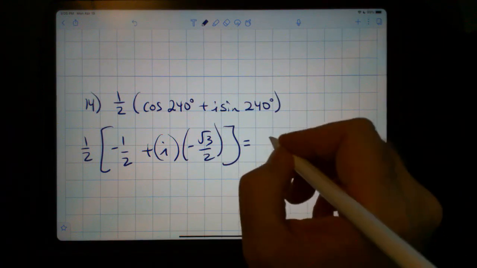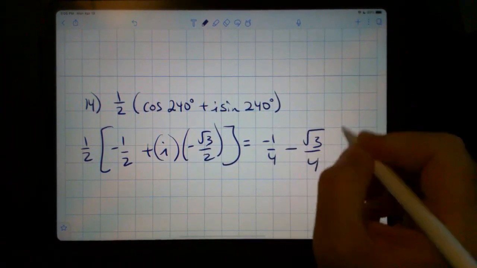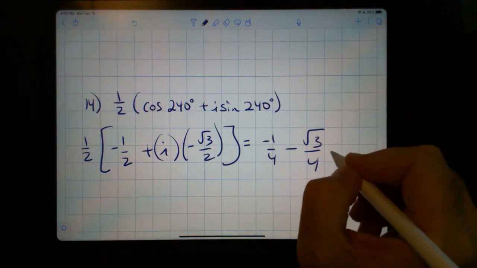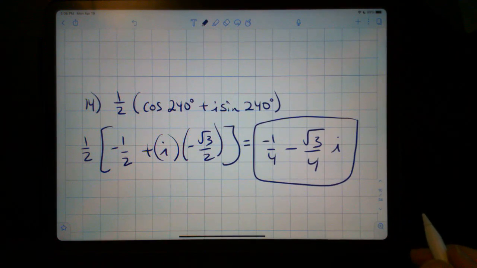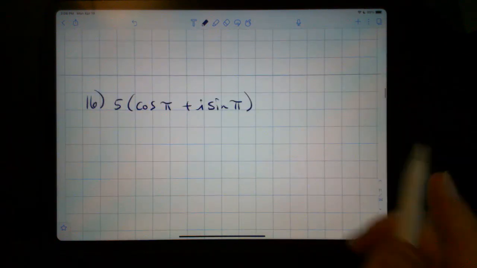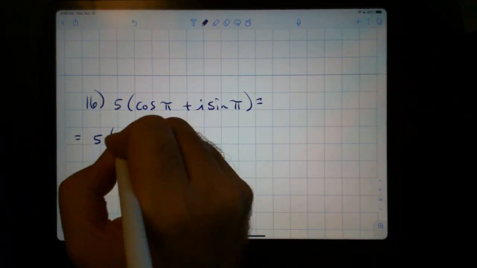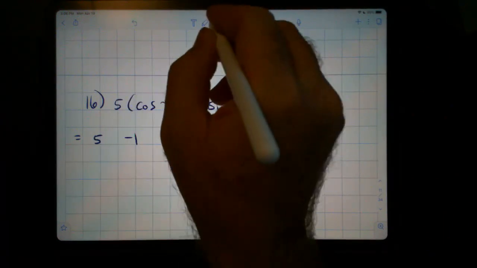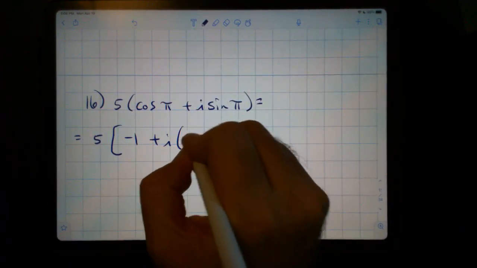Okay, so this will give me negative 1/4 minus radical 3 over 4 with an i. Okay, so this is equal to 5 times cosine of pi, which is negative 1, plus i times sine of pi, which is 0.